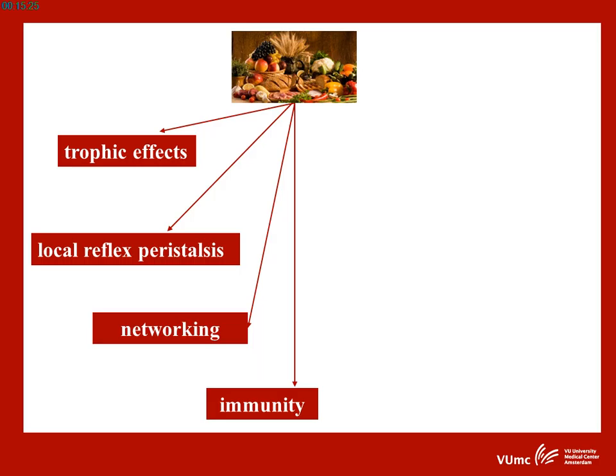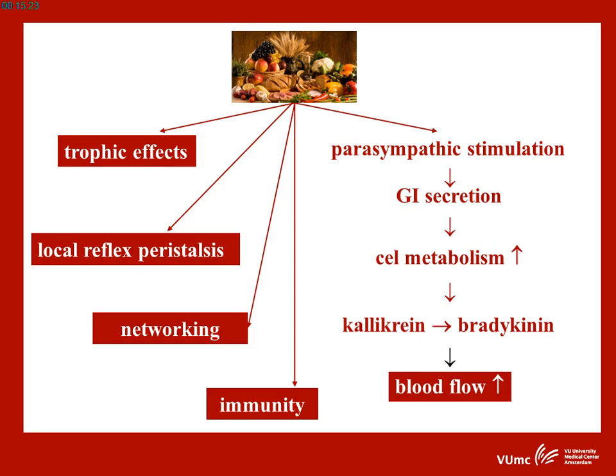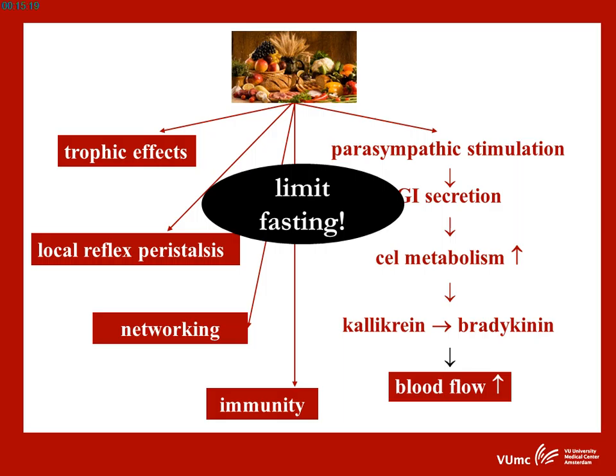It helps with immunity and it increases blood flow. So this is the message for all our ICU patients: we should limit fasting periods, because with fasting we neglect all these important intestinal functions.